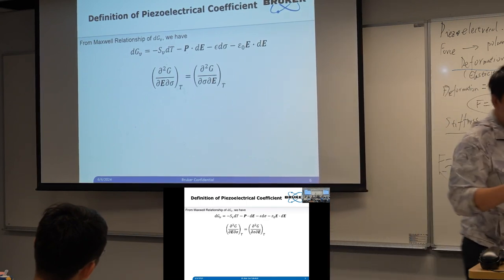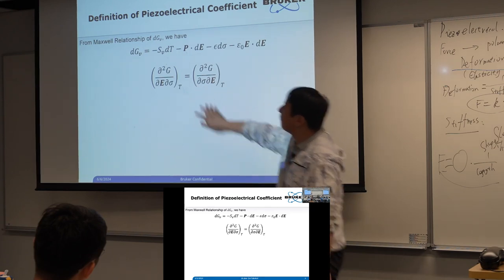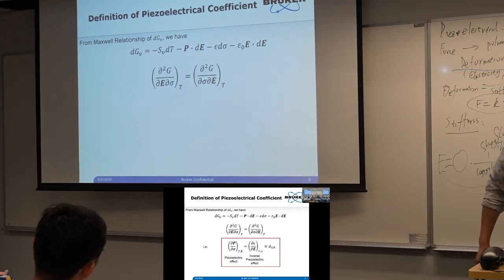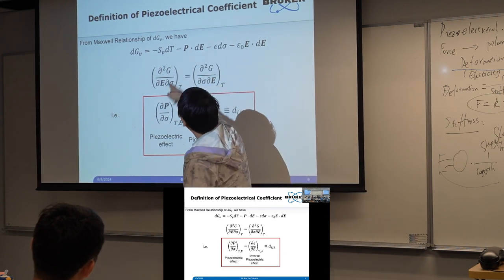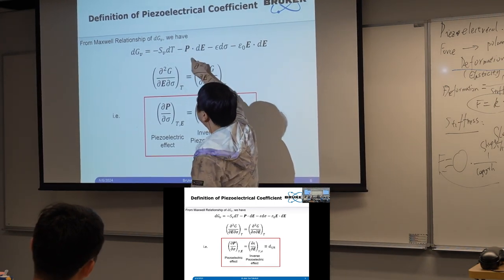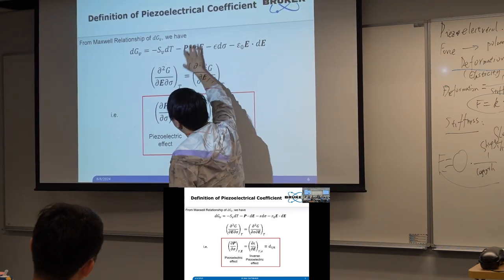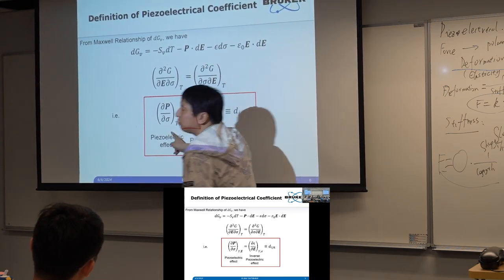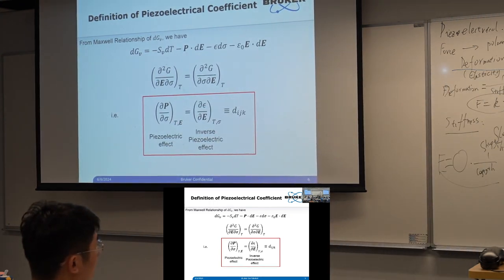If we change the sequence, it does not change the value, so they should equal each other. So the G over E, that's the polarization strength. So the polarization strength over sigma, what's this one? That's the piezoelectricity. And the G over sigma, that's the strain, epsilon.